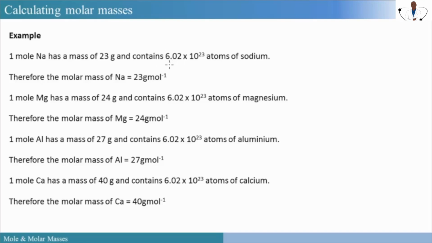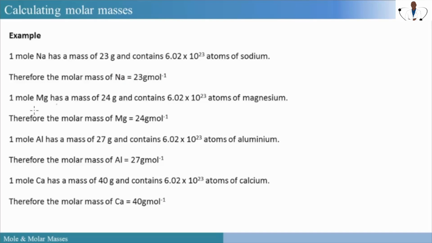Now remember we said that the molar mass is the mass of 1 mole of a substance. Hence, the unit is grams per mole. That is simply saying that for sodium, we have 23 grams per mole of sodium. And so the molar mass of sodium is 23 grams per mole, which is the mass number.